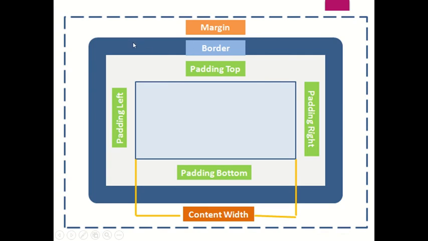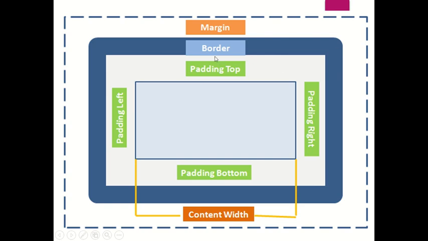Let's assume this is a division. For this division, we have a border. This blue is the border. For this border, we might have other contents beside it, maybe like a paragraph, h1, or another div beside it.